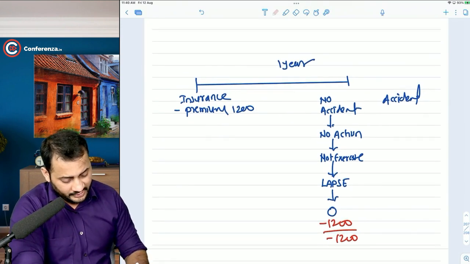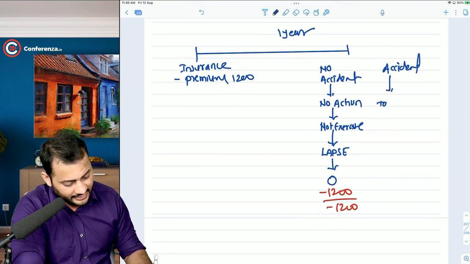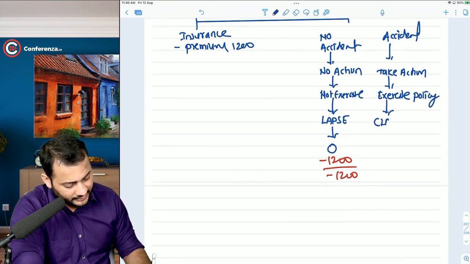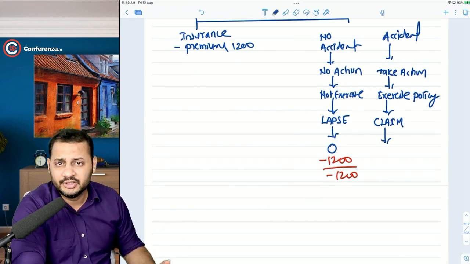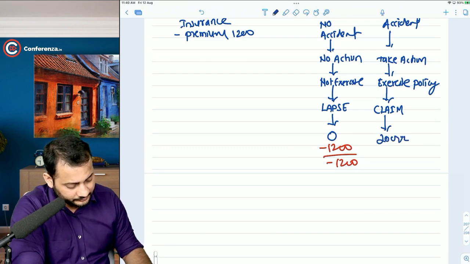But in case you meet an accident, what will happen? You will take action. What kind of action you are going to take? You would want to exercise your policy, insurance policy, and because of that you will file for a claim, and in that claim there will be some kind of claim that you will receive. Let's say for example that's 20,000 rupees.